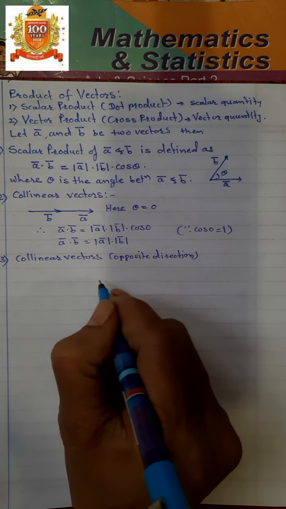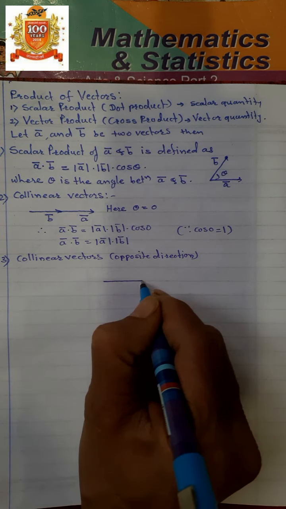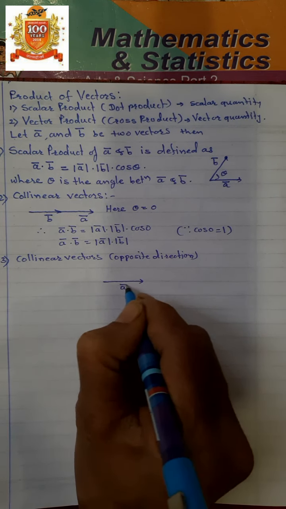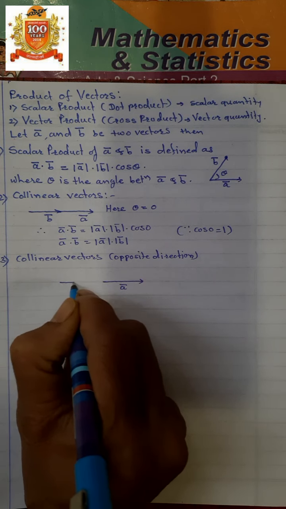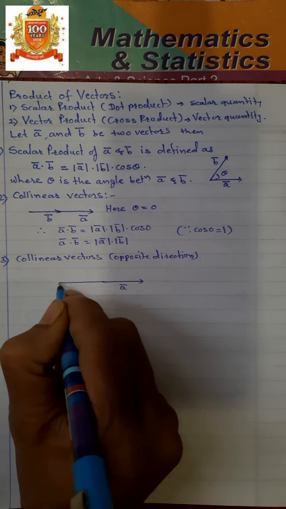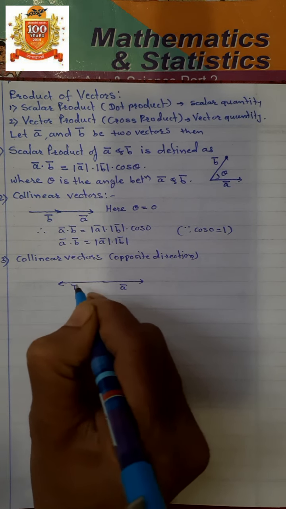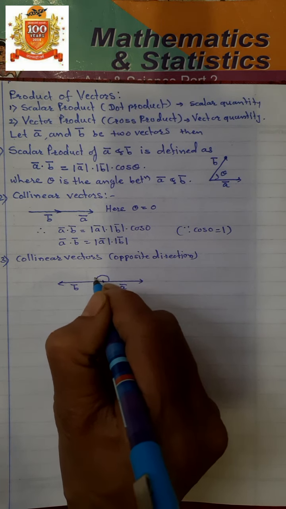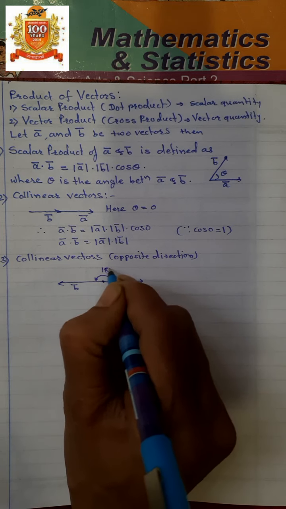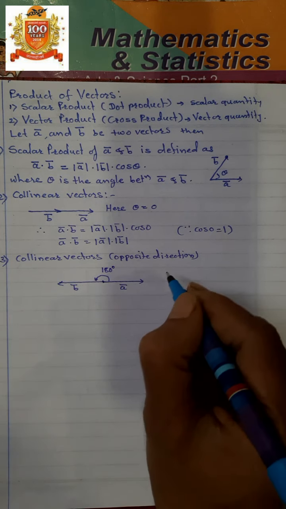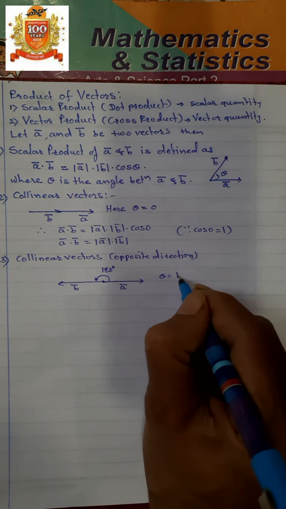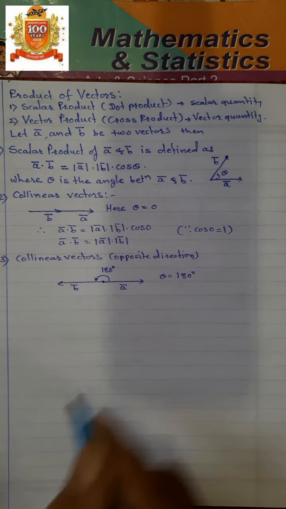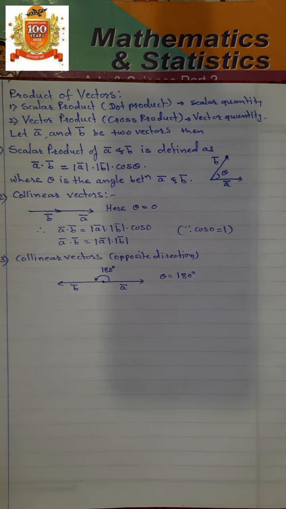Suppose this is vector A bar and this is vector B bar. Here the angle between two vectors is 180 degree. Here theta is equal to 180 degree.